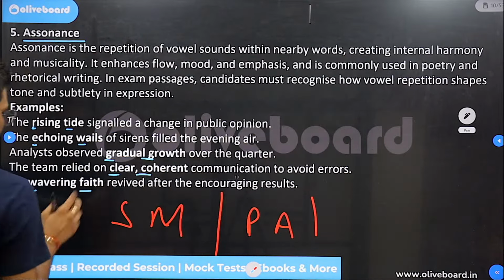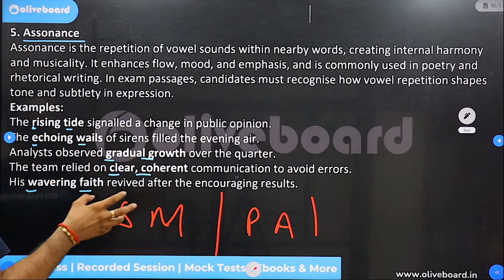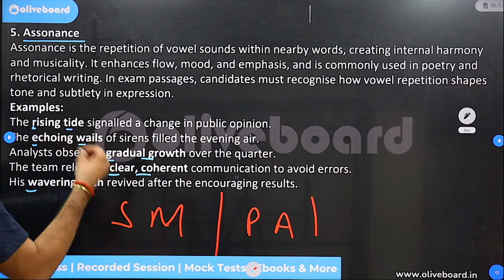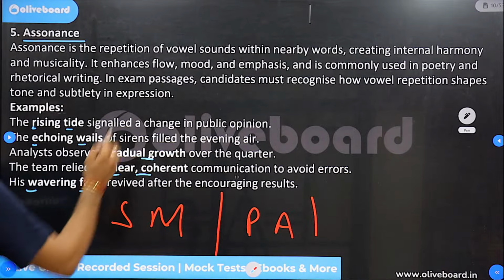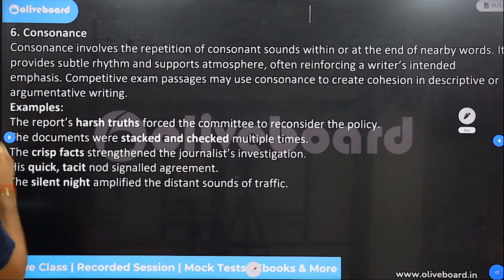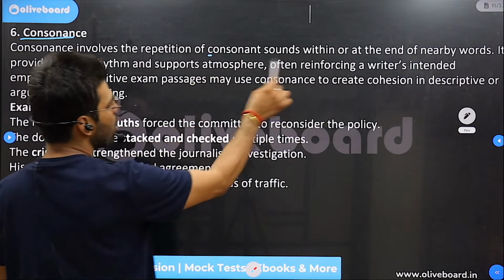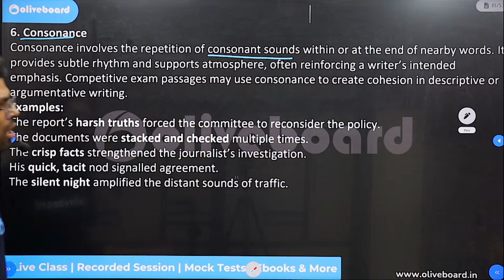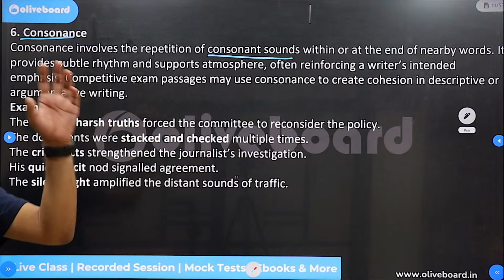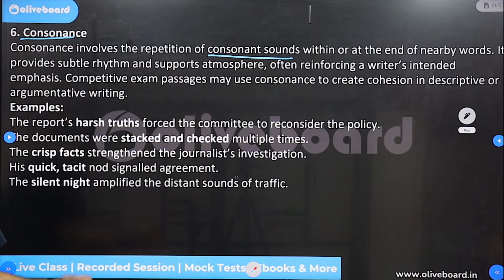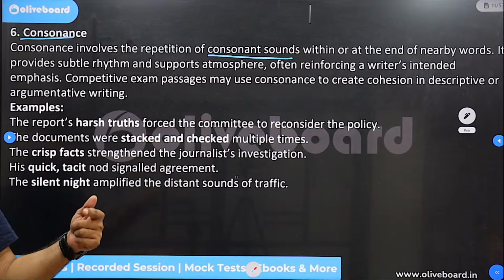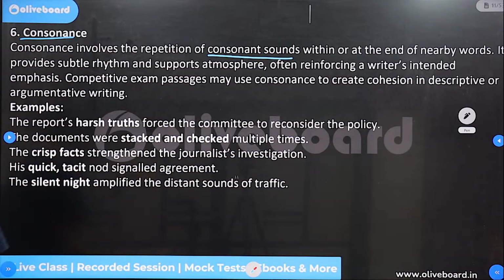Here, not compulsorily in the beginning, we are just talking about the sound. Which one? The vowel sound. Here, the next stage, consonants, we are talking about the consonant sounds, not compulsorily in the beginning. Maybe in the beginning, maybe in the middle, or maybe in the end also. So absolutely correct. Quite easy.